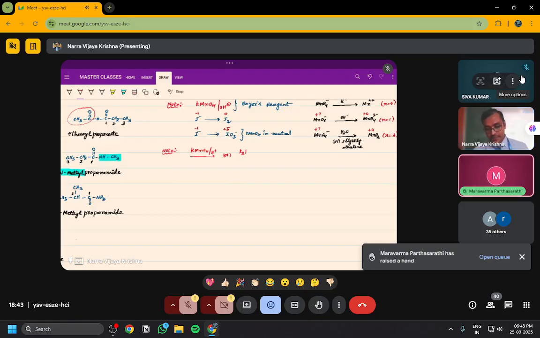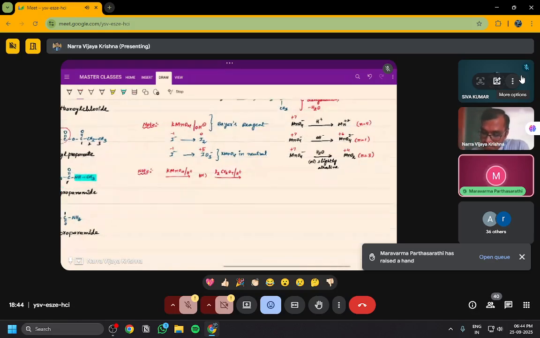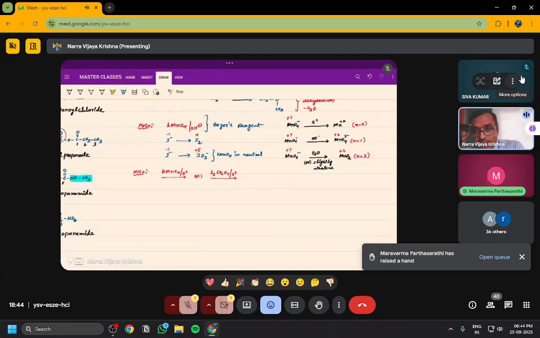Sir, one doubt. You have taken KMnO4 in neutral medium, its n factor is 2, but in basic medium its n factor is 1. You are arranging the oxidizing power based on n factor, no, sir? Not only that, based upon reduction potential, which I have not given.